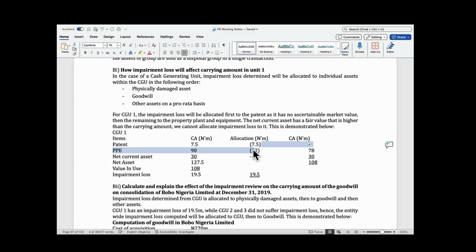You see that I didn't touch net current asset at all. So when I take away the impairment loss from the carrying amount, I get these new values for CGU1.